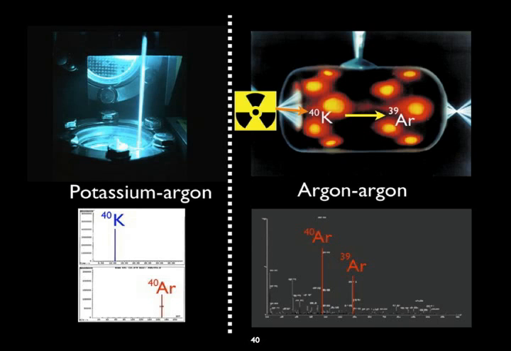Okay, so to get a date, you need to know how much of that radioactive potassium occurred in the first place. And you measure it using a mass spectrometer. Now, unfortunately, you cannot measure both the potassium-40 and the argon-40 in the same mass spectrometer reading because there are different ones for observing potassium and for argon.